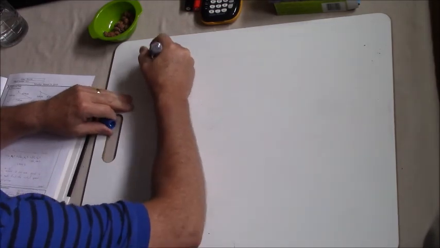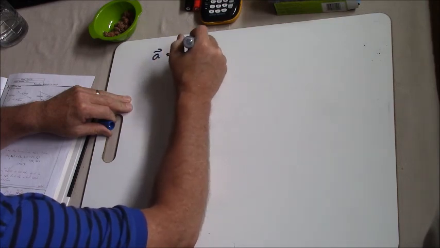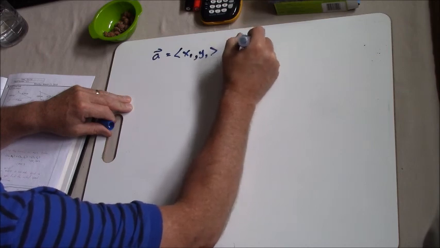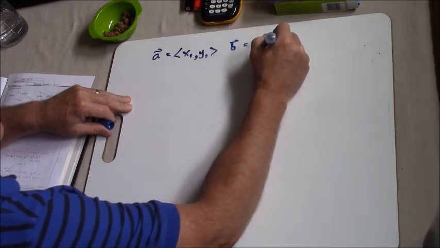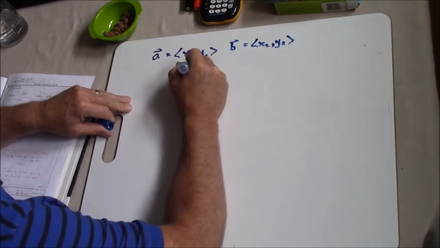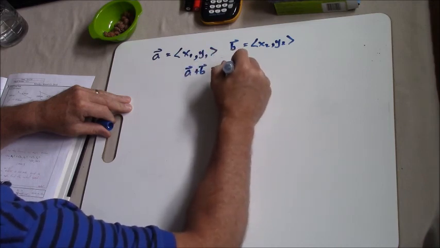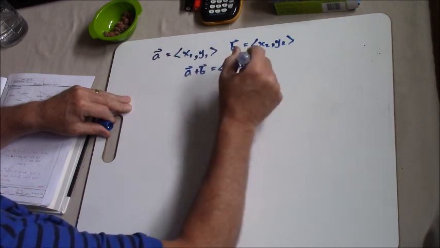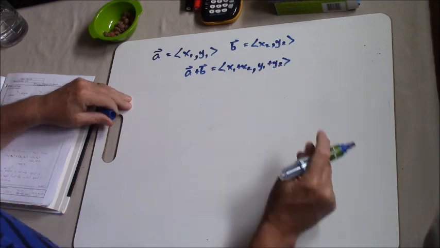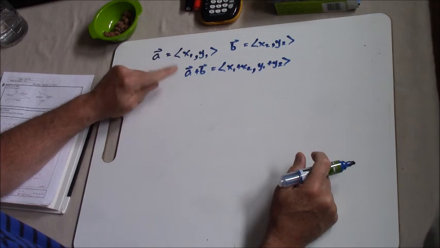So we said that if vector A equals, in component form, x1 comma y1 and vector B equals x2 comma y2, then when you add those together, vector A plus vector B, you just get x1 plus x2, add the x values together, and then y1 plus y2. And so that's the idea that we want to build on today, is being able to add two vectors together.